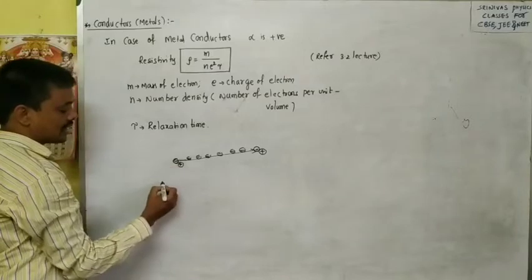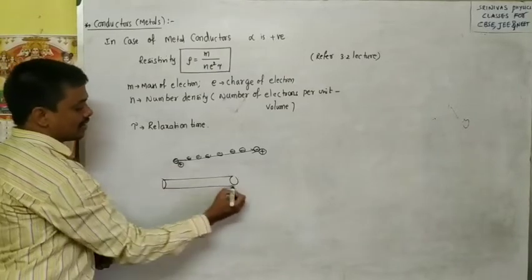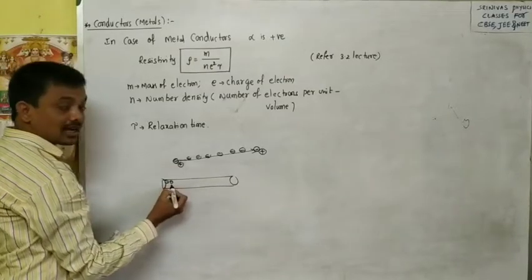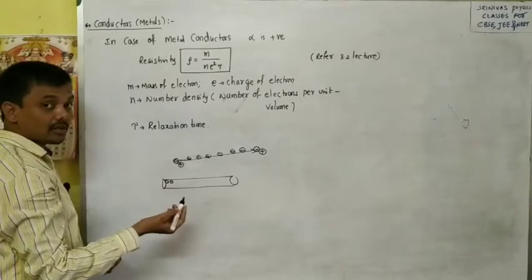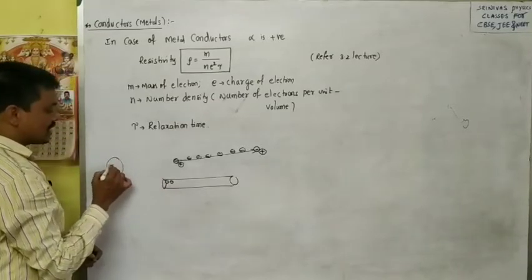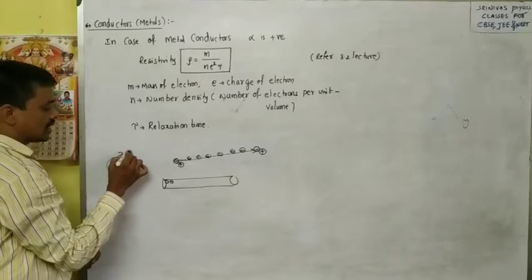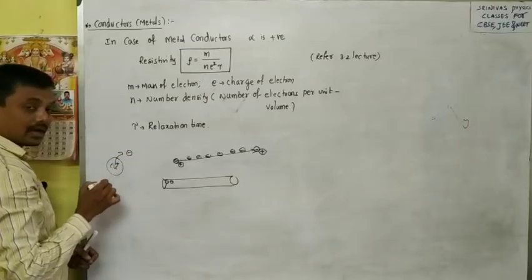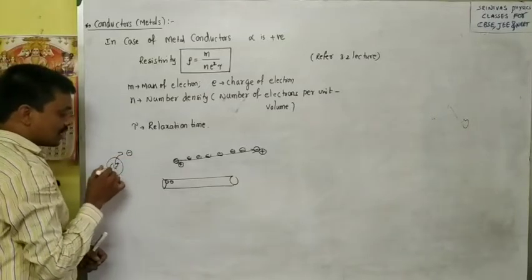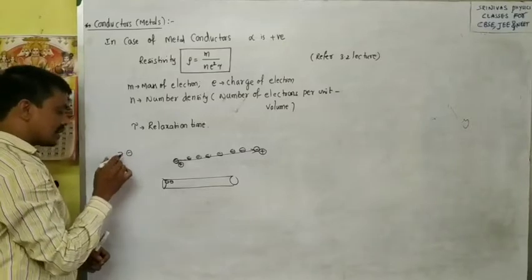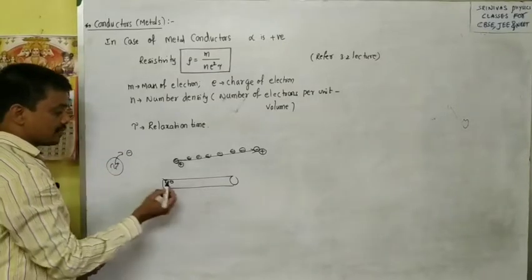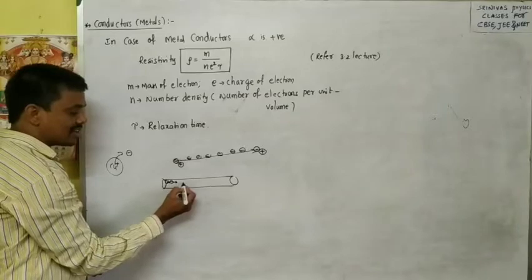For example, electrons are moving in the conductor. Free electrons are there, which means positive ions are also there, because electrons are generated from the atoms. For example, if a copper atom loses one electron, this is the free electron, and the atom will become a positive ion. Like this, in copper metal, electrons are there along with copper ions. When the electrons move, they will collide with the copper ions.